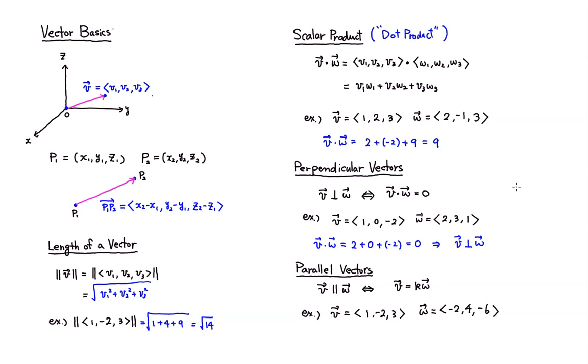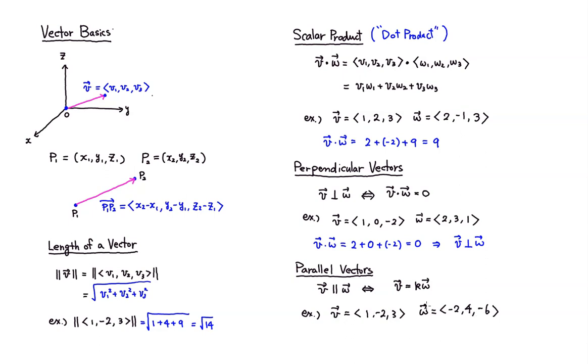Since we did perpendicular, we should probably do parallel vectors. Two vectors are parallel if one is a constant multiple of the other. Here's an example: vector v is 1, negative 2, 3, and the other is negative 2, 4, negative 6.